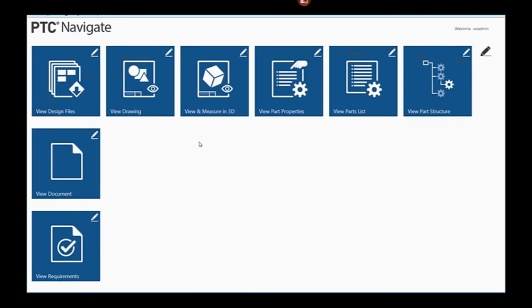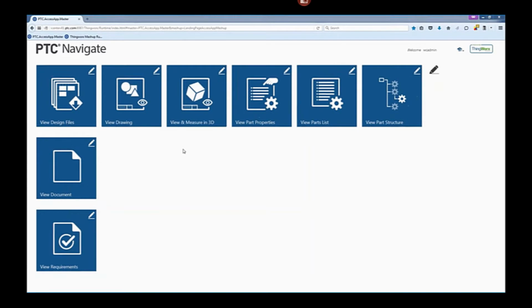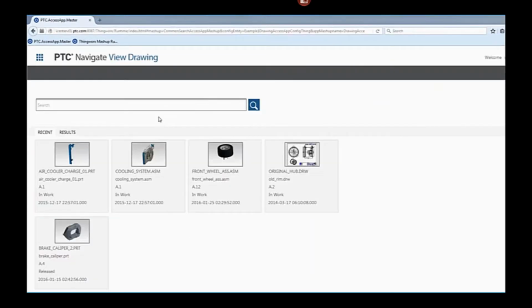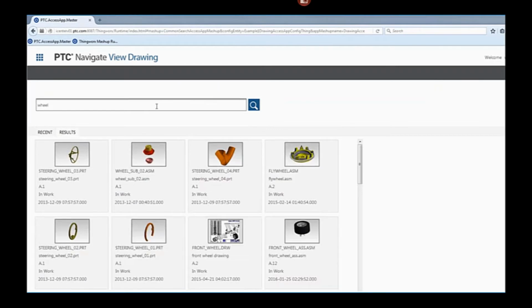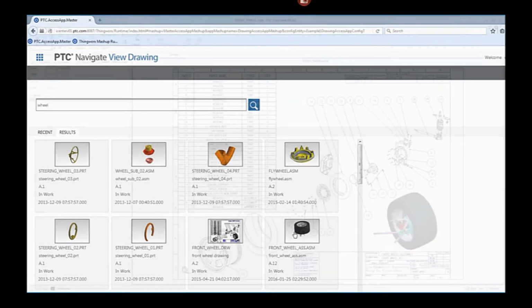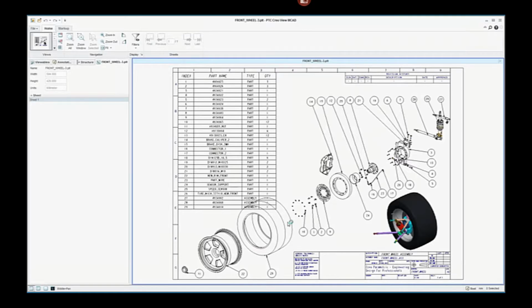So if we take an example, go through this View Drawing app. This is showing an example here where somebody can just enter a keyword, a very simple interface, and get to a result set based on that keyword, and then open up that drawing with one click. See a thumbnail to make sure they got the right one, and this can be pre-configured so that it's only showing latest or the latest released, for example.